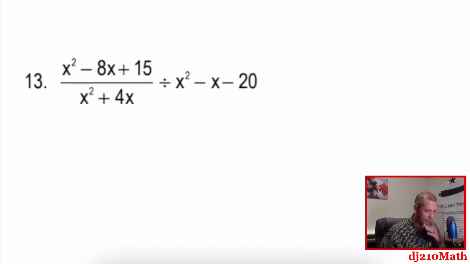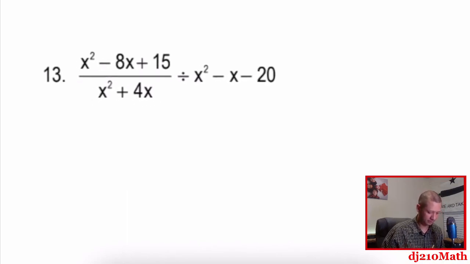Okay, number 13. So it's division. So I need to change division to multiplication. And then we need to flip the second one. So I'm going to flip it and make it under 1, because it's essentially over 1. And then you flip it and it makes it under 1.